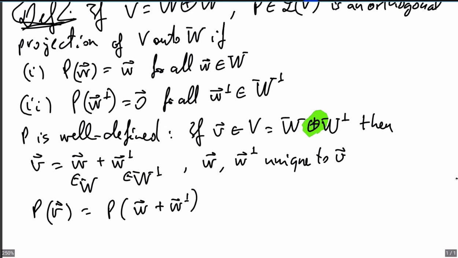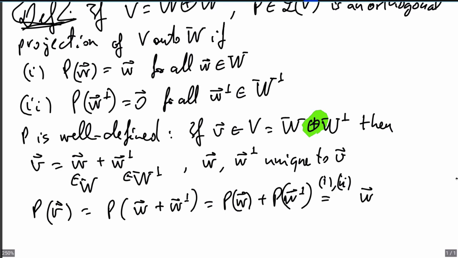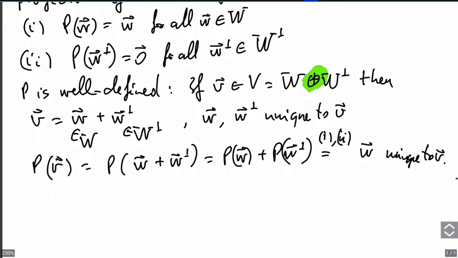P is a linear operation, so we can apply P_W plus P_W perp term by term. And then according to definitions 1 and 2, what we get is that this is simply w, which is unique to v. So that means for all v, Pv is uniquely defined, and that's what we call well defined.